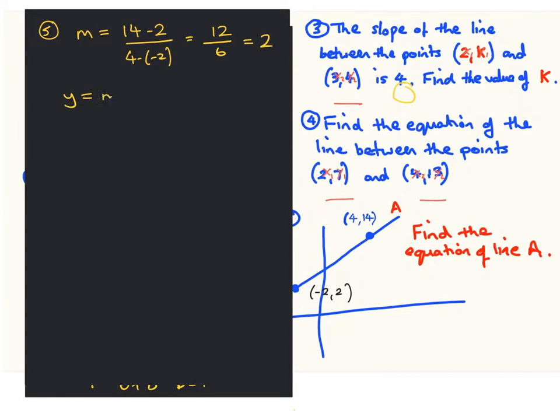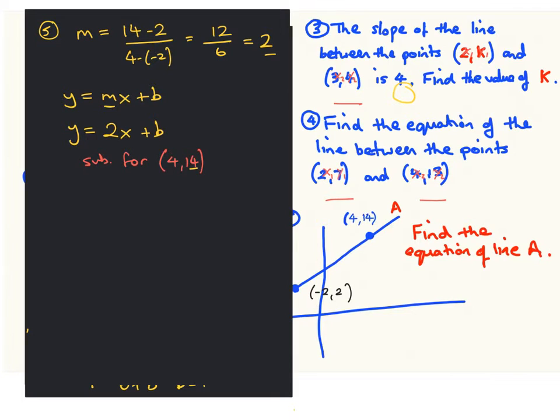y equals mx plus b. We're going to put that m into there, 2. So we get y equals 2x plus b. How do we find b? Well, we find b by subbing in either point. Let's go for 4, 14. Always write this bit in red down every time, because it just shows whoever's marking your work you know what you're talking about.